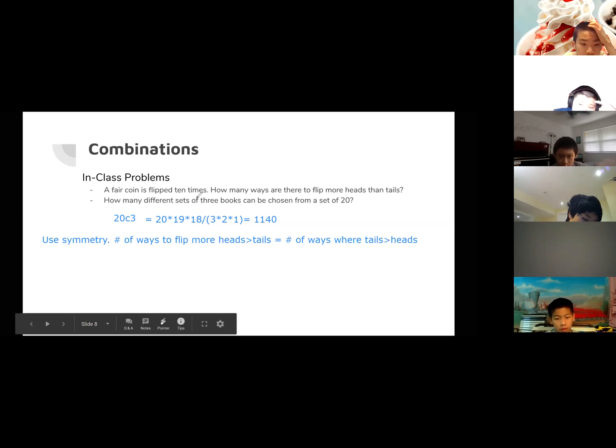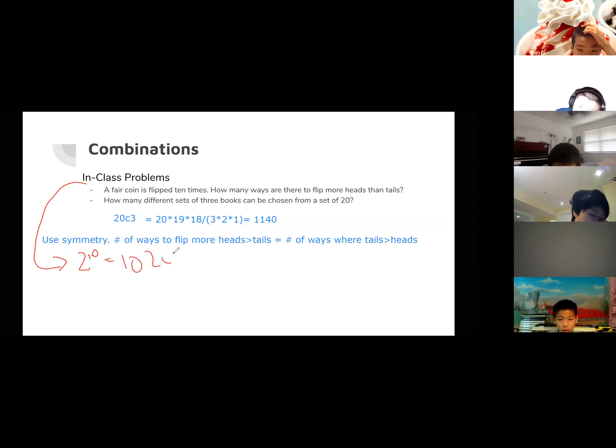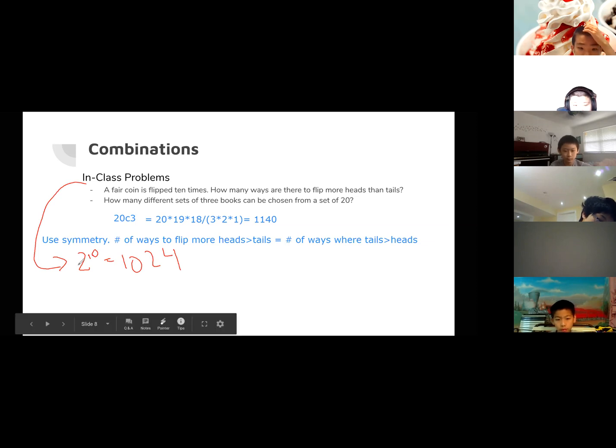So the way to do this problem is, in general, the number of ways to flip 10 coins is simply 2 to the 10, which equals 1024. You want to track the number of ways where the number of heads and the number of tails are the same. I think we may have used this technique on an AMC problem as well.